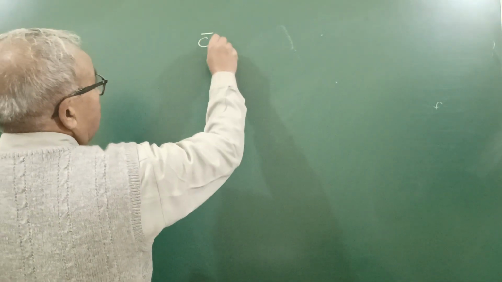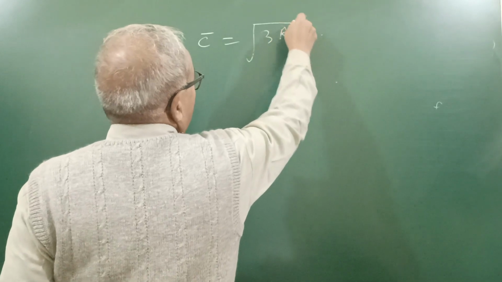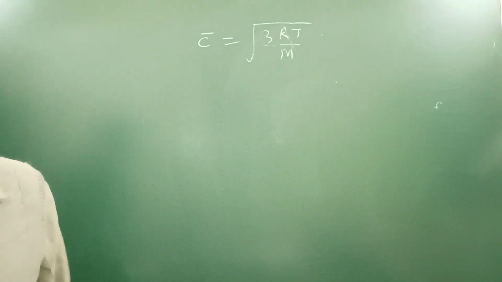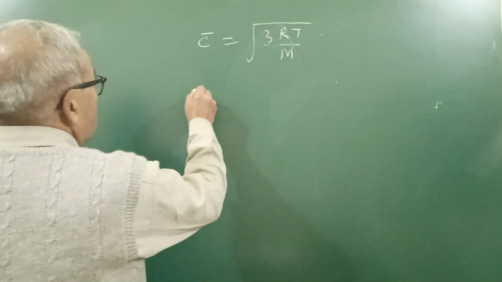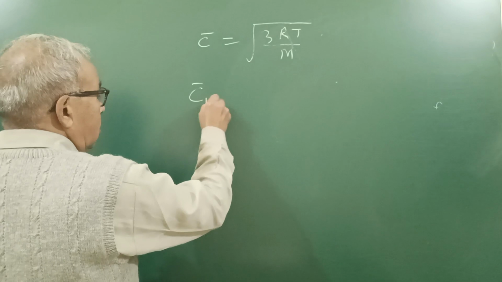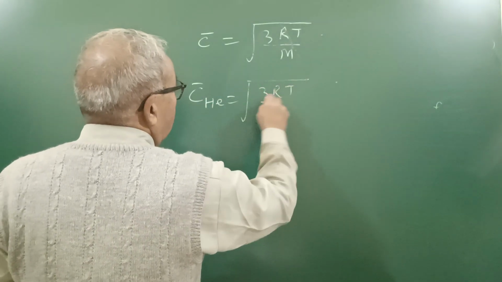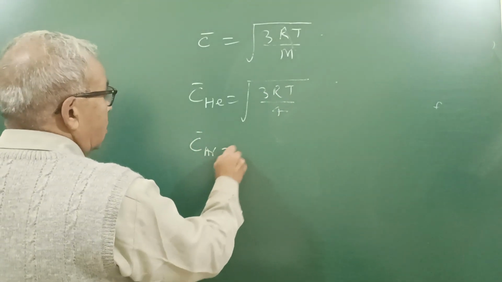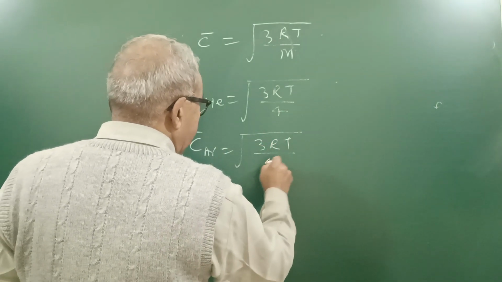C bar equal to under root 3RT upon M. The two gases are at the same temperature, 300 Kelvin. So C bar of helium is under root 3RT upon 4, and C bar of argon is under root 3RT upon 40.